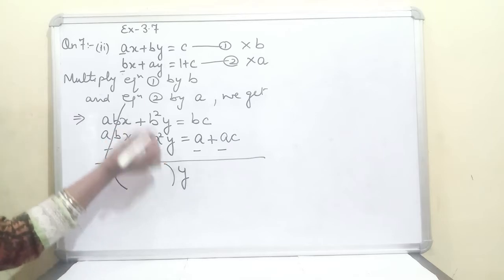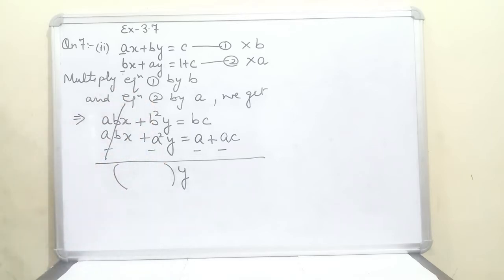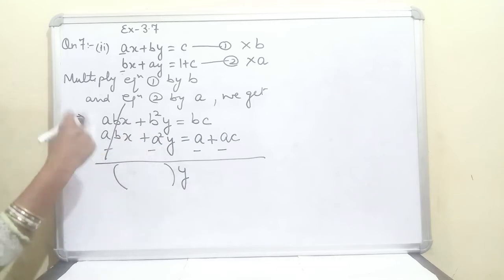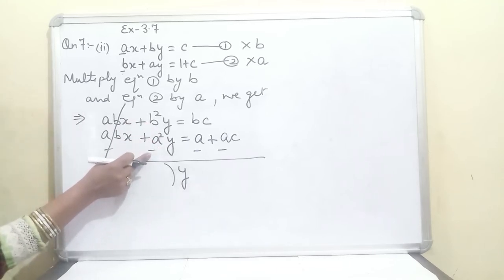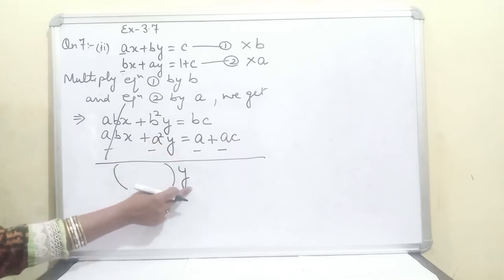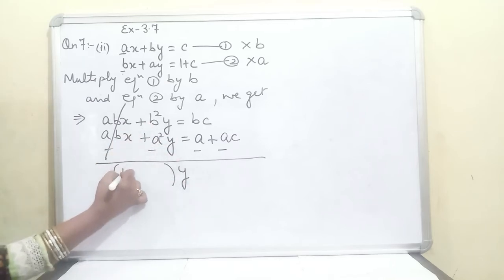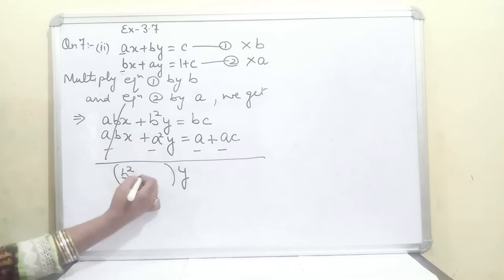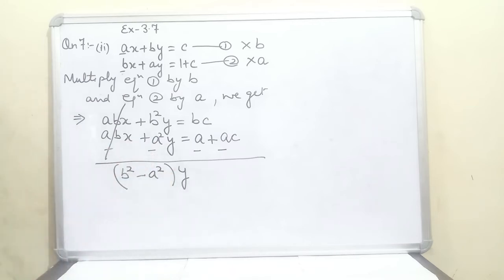Very good. It's a square minus b square or b square minus a square? Check it again. It will be b square minus a square, not a square minus b square. Get it? If you are taking y common, from here you'll get b square and the sign of a square is now minus, so it will be minus a square, right?